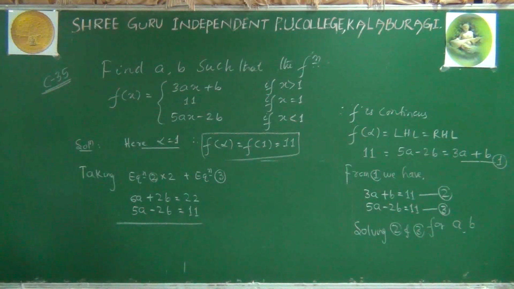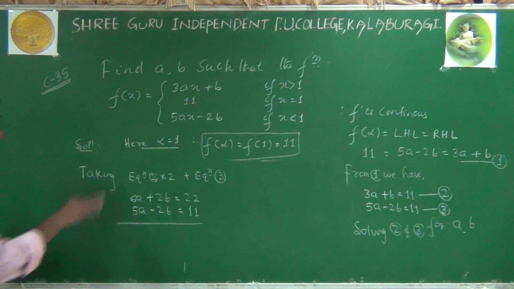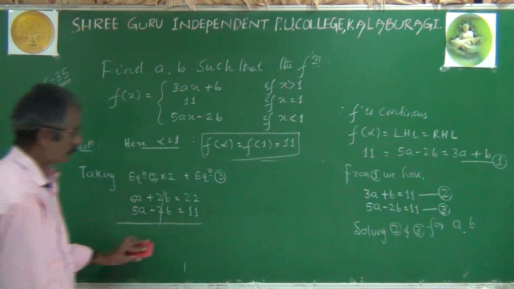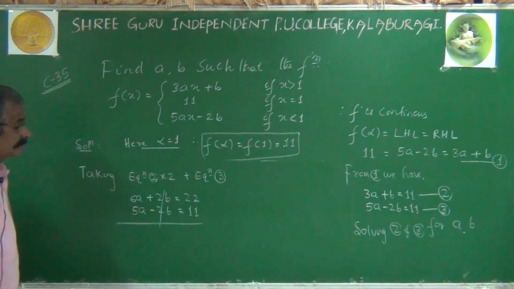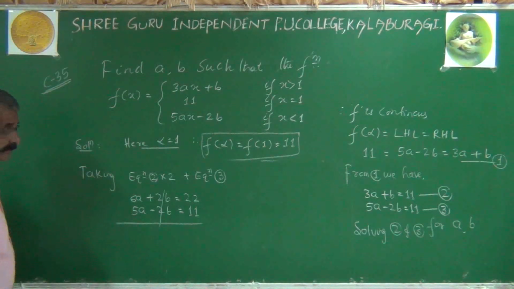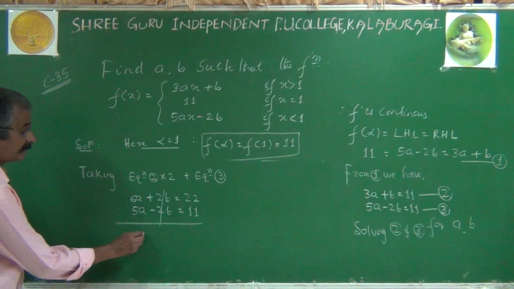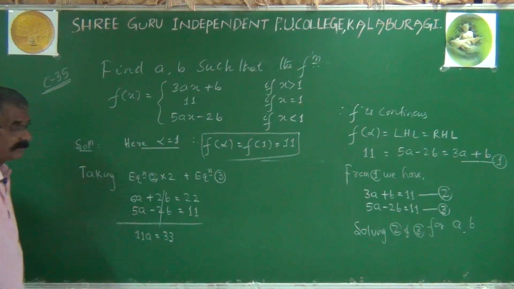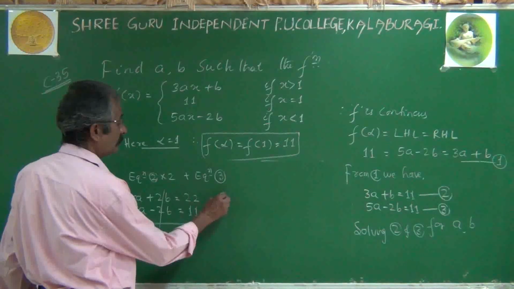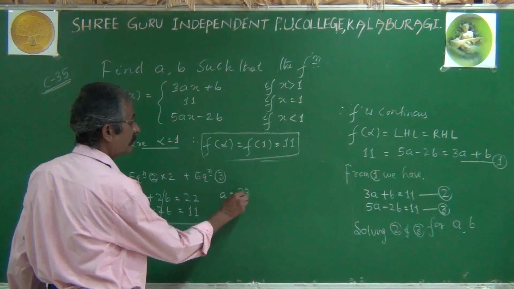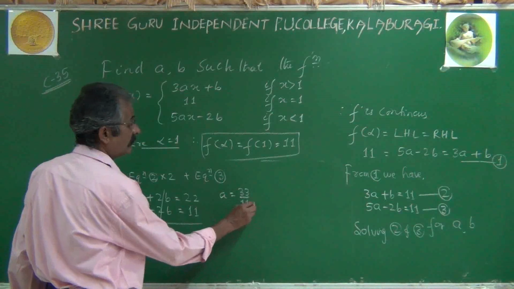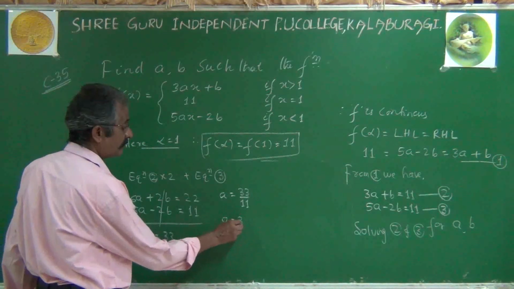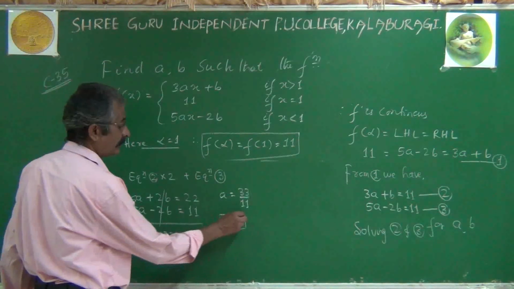Let's add these equations. On adding, 2b will get cancelled out. 6a plus 5a is 11a, 22 plus 11 is 33, or a equals 33 divided by 11, that is a equals 3.